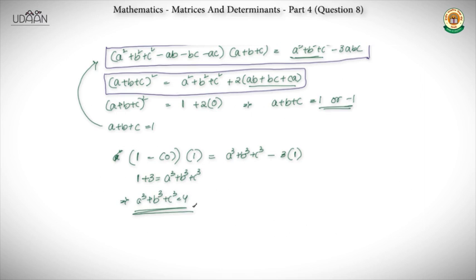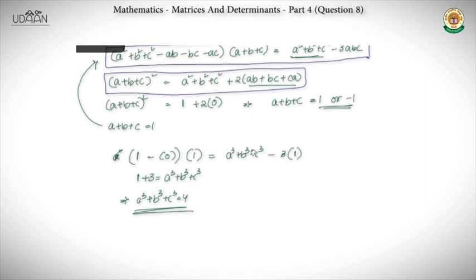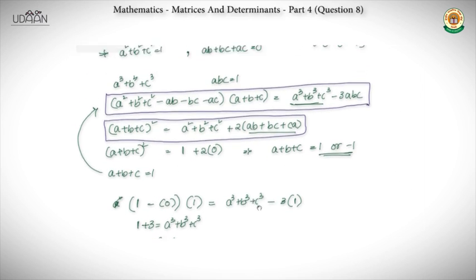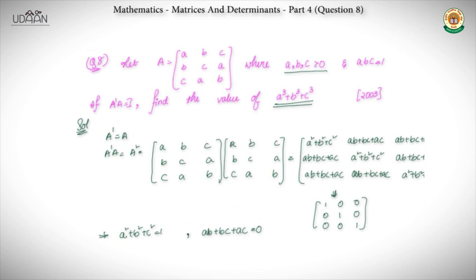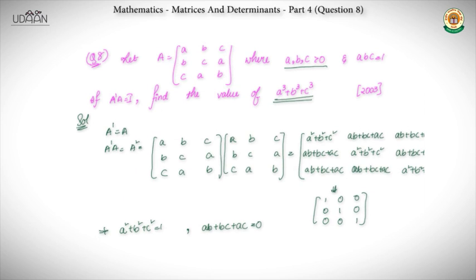Alright, so the important thing to note in this question is that the given equation, A transpose into A is equal to identity, is pretty easy if you expand it, write down the individual terms, and equate them. But the important thing to note here is that we had to calculate the value of a cube plus b cube plus c cube.